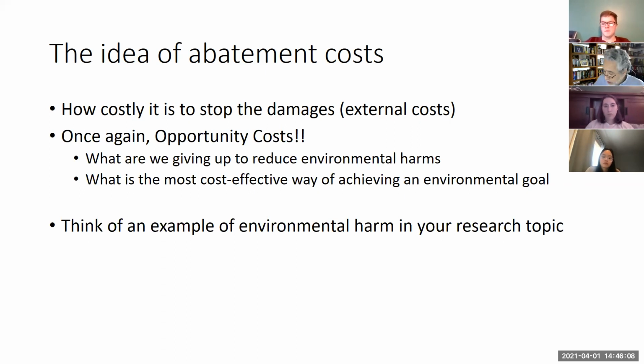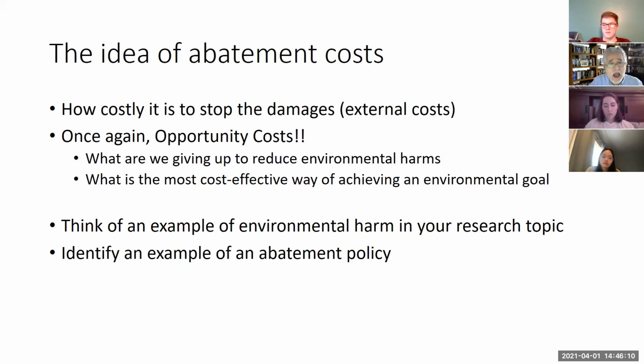Think of your case, what it is, and think of a particular abatement policy, a policy that will reduce that harm. So for example, in agriculture, for the pesticide, it could be substituting pesticides with integrated management control of pests, with organic pest control, for example, right?